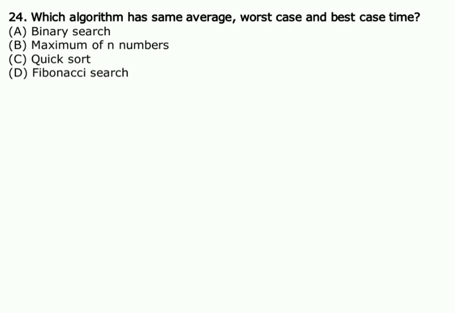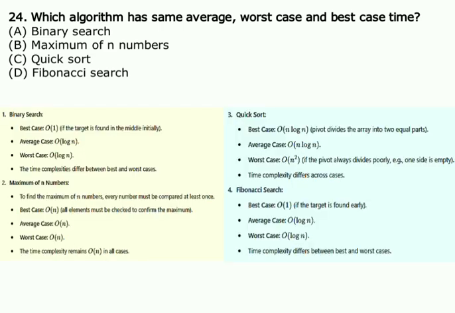Which algorithm has the same average, worst case and best case time? Maximum of n numbers has the same average, worst and best case time. Here in binary search, the best case is big O of 1, the average case is big O of log n and the worst case is big O of log n.